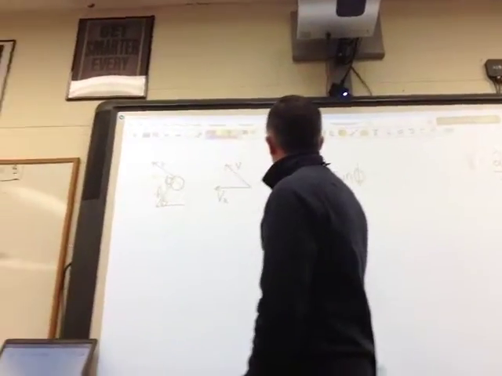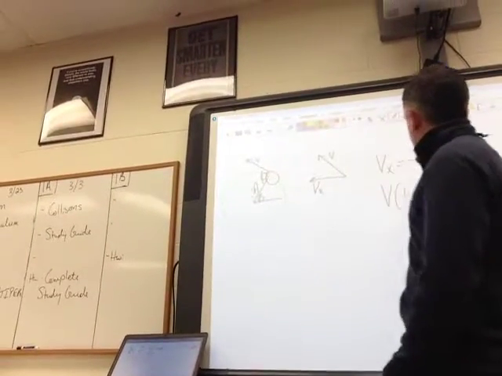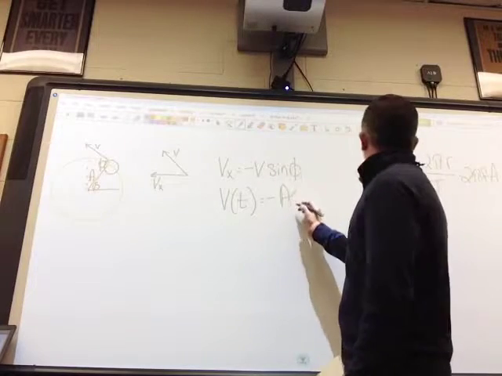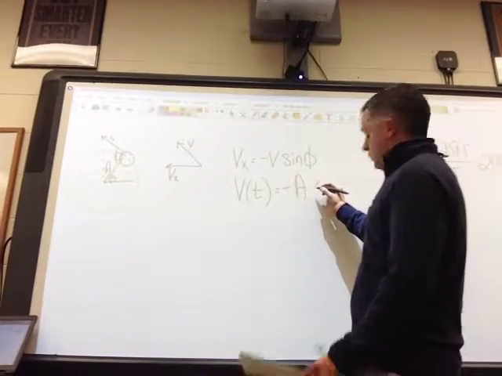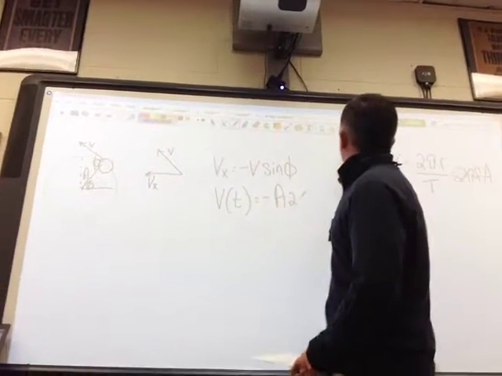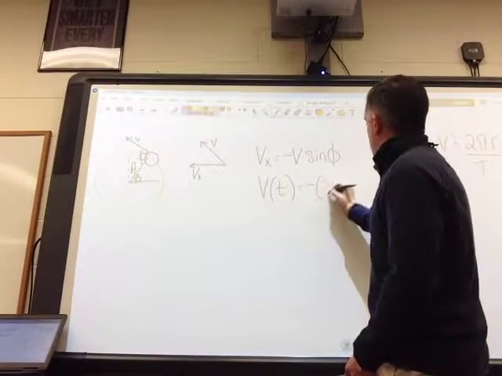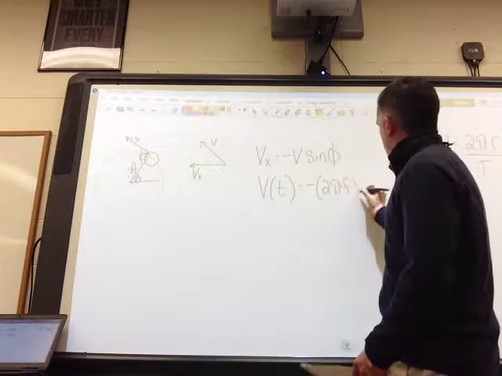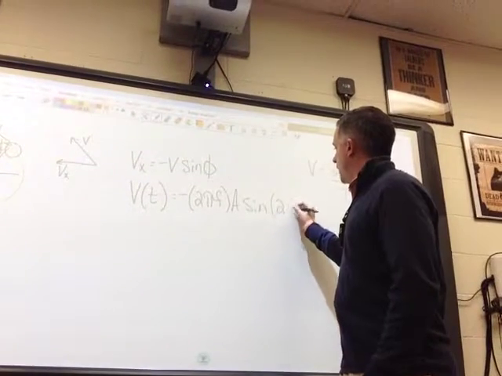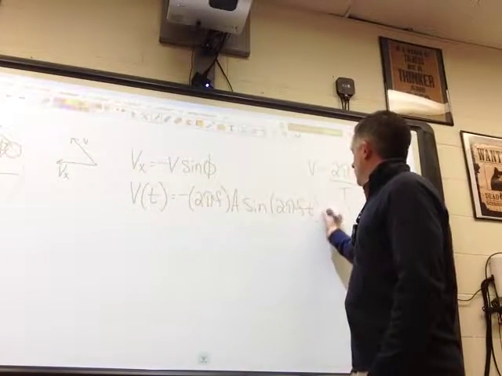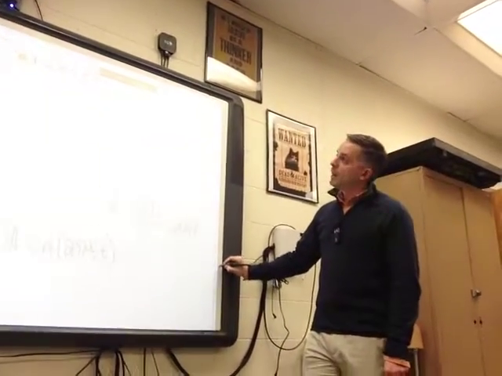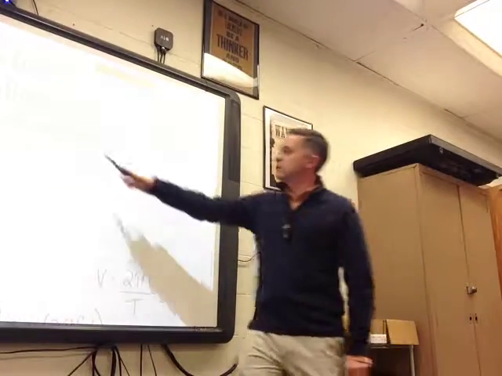So that just gives me v as a function of time equal to negative 2 pi f A times sine of 2 pi f t, because we found out phi up above is equal to 2 pi f times t.